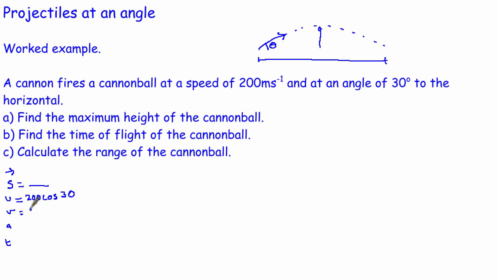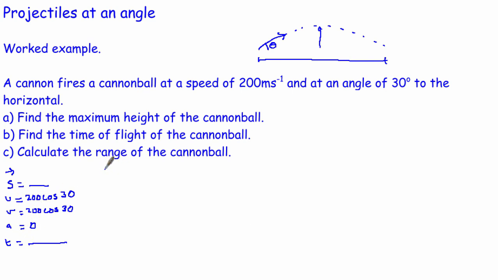Our velocity horizontally is again exactly the same thing, because there's no acceleration in that direction. Acceleration is 0 meters per second squared, and time again is something that I don't know. Potentially both of these are something that I'm going to need at some point.